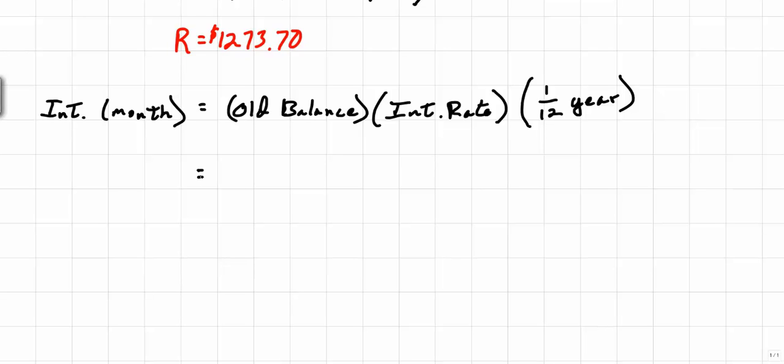And so we need to know what the old balance is. Well, in this case it's going to be exactly what we started with, which is $142,300. We're going to multiply that by the interest rate as a decimal, which is 0.044, and then we're going to multiply that by 1 over 12.